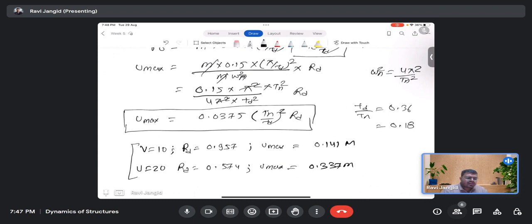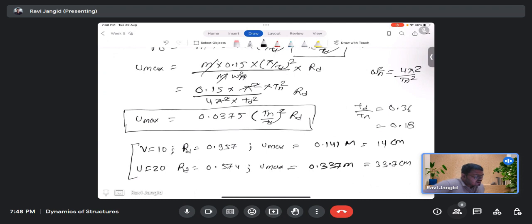That is okay. If you are getting nearly 0.14, 0.13, you can check the calculation. So these are the responses, or we can write it as 141 mm and 337 mm, or in centimeters, 14 centimeter and 33.7 centimeter.